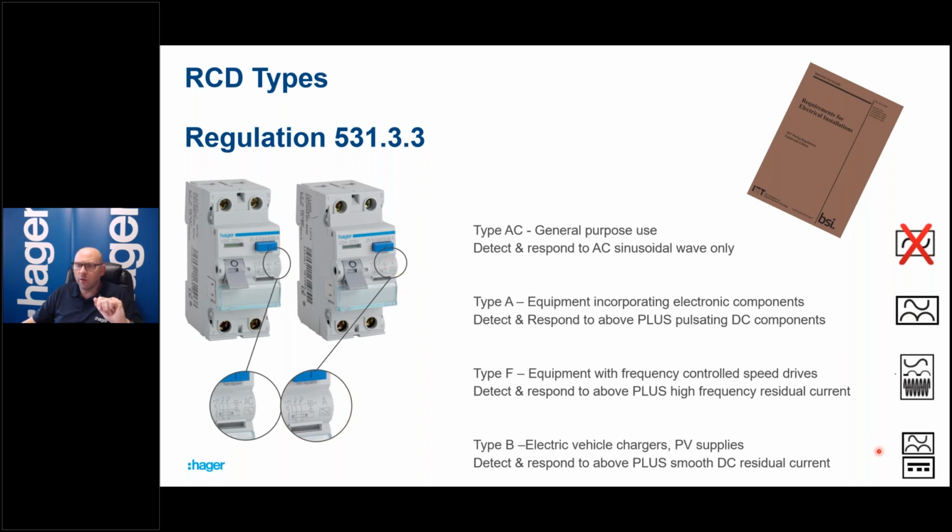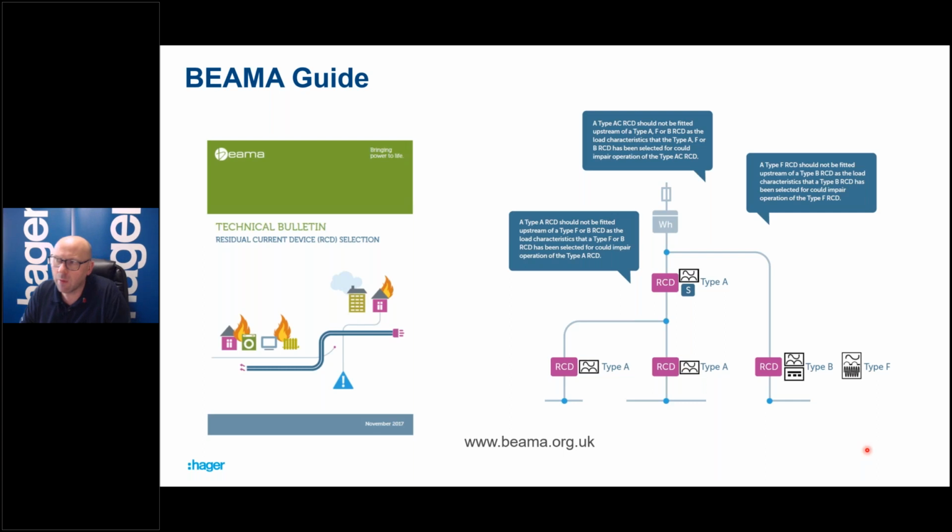You need to make sure you've got the correct RCD for the application you're using it for. There is guidance out there. Hager have got lots of guidance documents, including RCD selection documents. They're free of charge, so please visit the site and download yourself a copy.